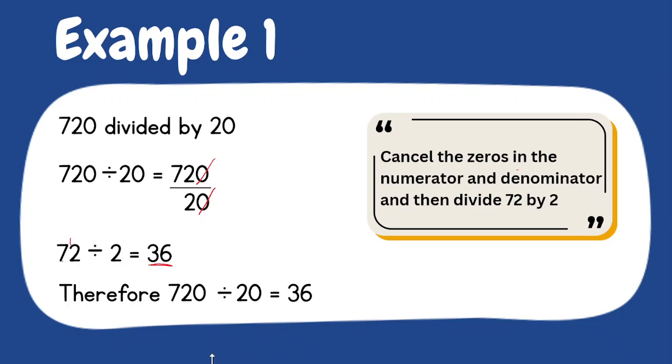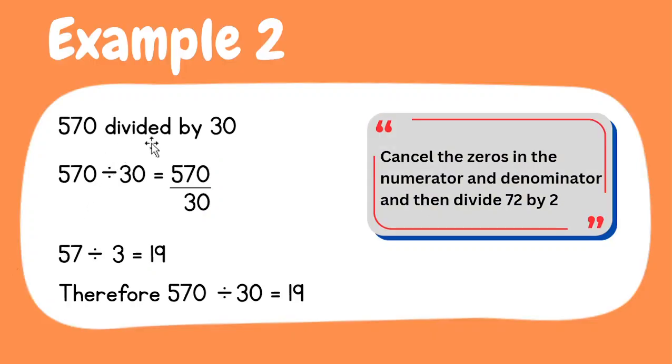All right. So the next one is, let's look at example 2. So here we have 570 divided by 30. So the same thing, there is 0 here. We cancel this 0. It remains 57 divided by 3. 3 in 5 is 1.